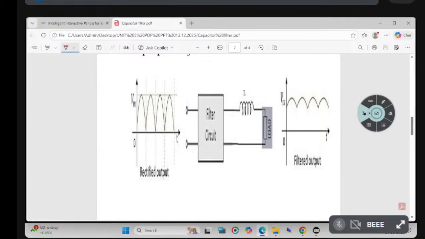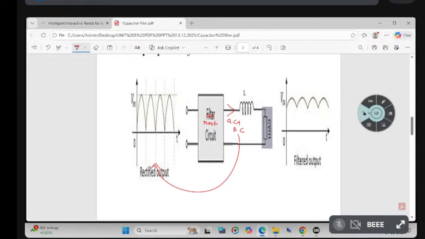Here we get AC component plus DC component. This waveform is flowing. So it is not a filter, it is a rectifier. Please note down, it's a rectifier circuit. This is the filter design.